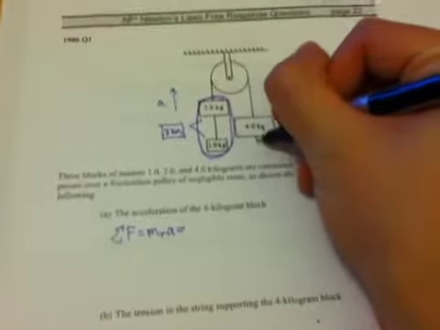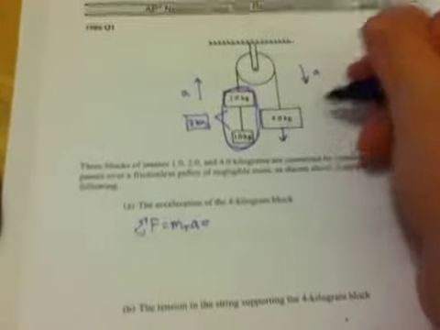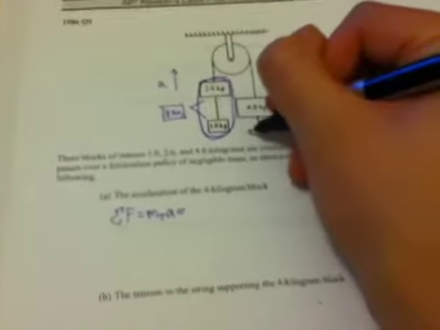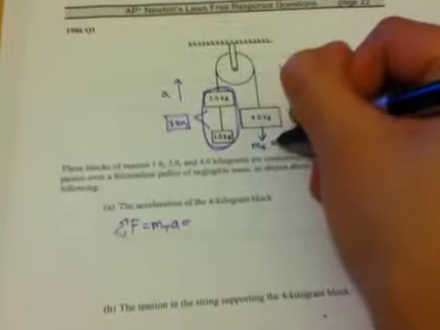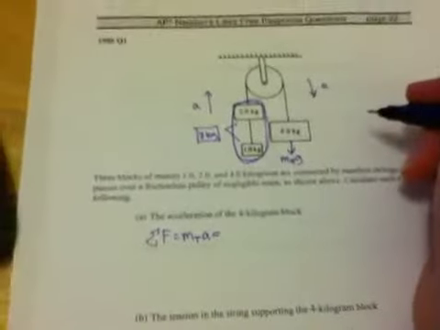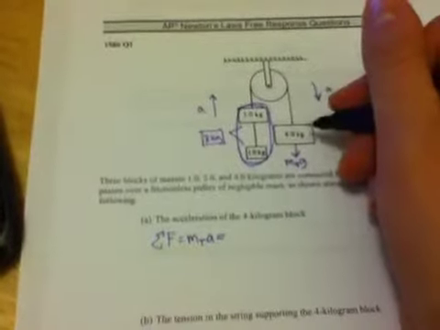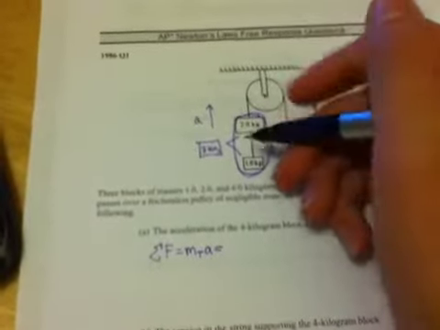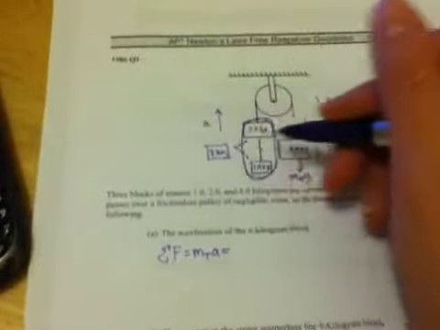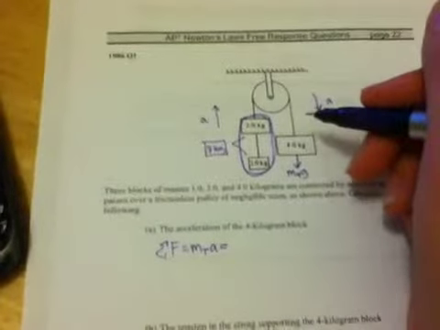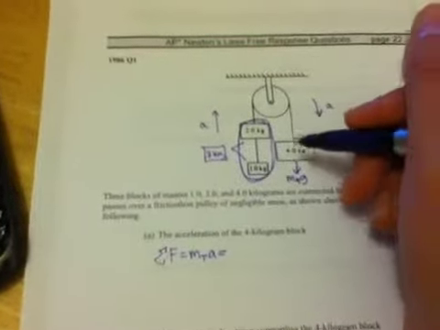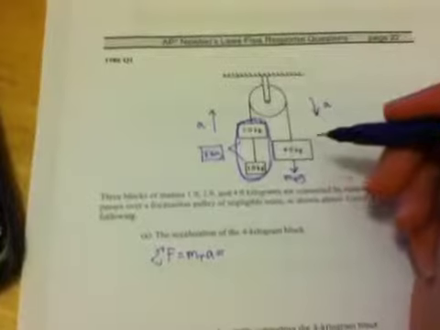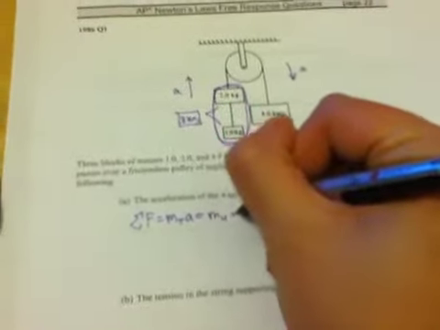The force going down in the same direction as our acceleration is this m4g, and that's what's causing all of this acceleration, this unbalanced force. Now if this was also 4 kilograms, it would be balanced and we wouldn't have any acceleration, but this side is more than that, so that's why it's accelerating like that. And so we've got this m4g.